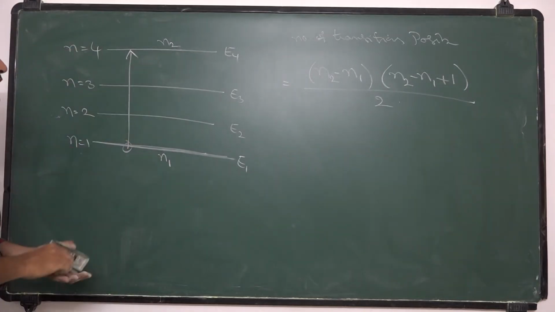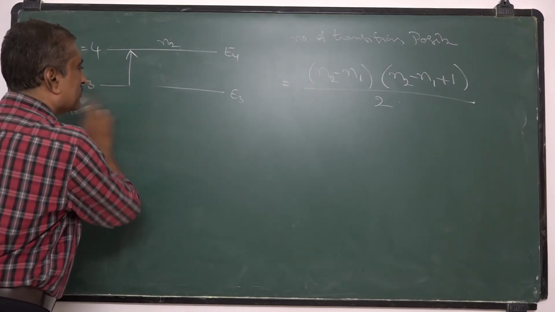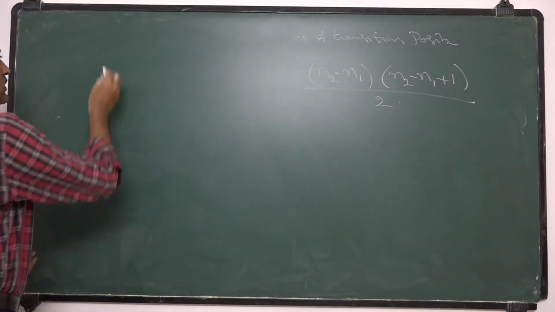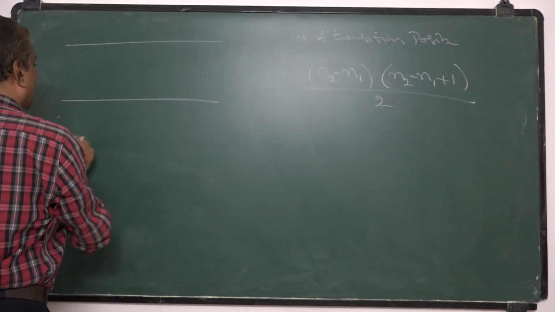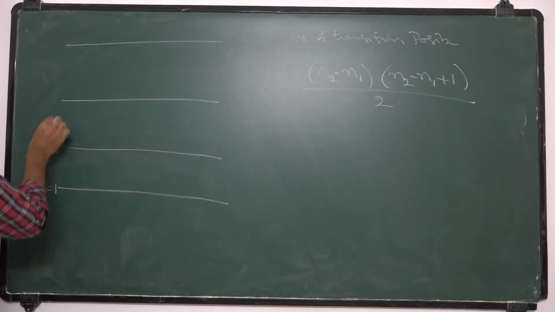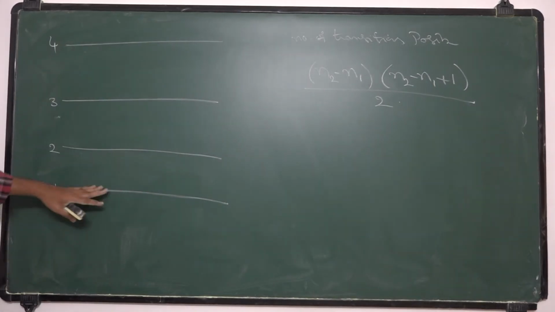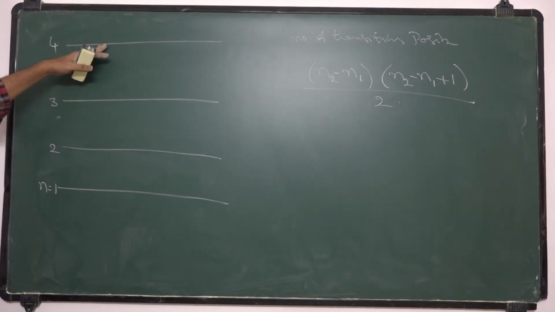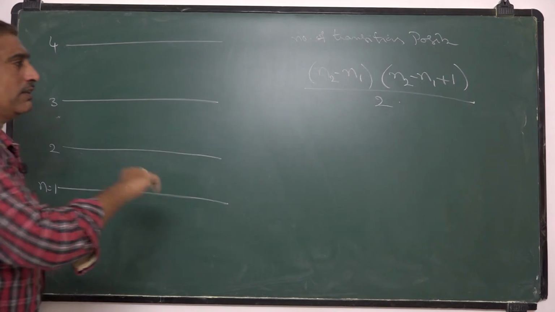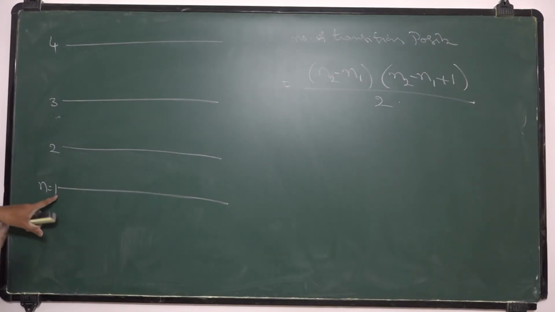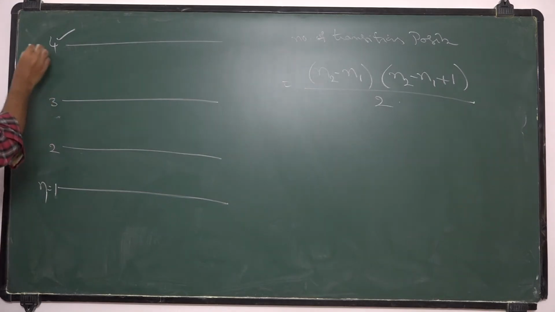Now I will explain with two examples. So this is n equal to 1, 2, 3, 4. Assume 4 levels. Suppose an electron excites from the first state to the fourth state, where it de-excites. The number of possible transitions according to this relation: here it excites from the first state to the fourth state, that means n1 equal to 1, n2 equal to 4.